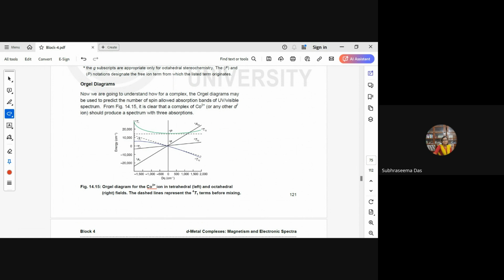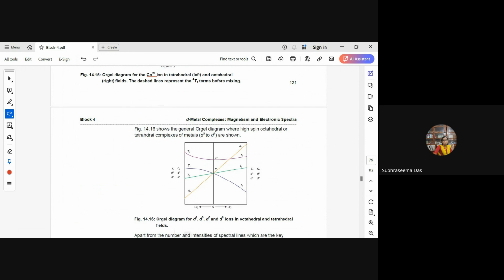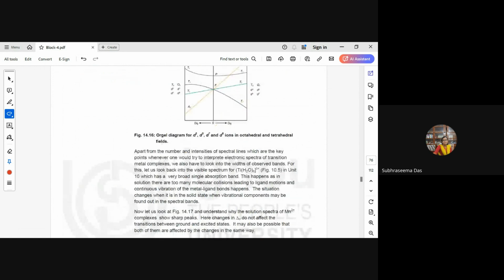A complex of Co2+ can show a spectrum with three types of absorption. Here in figure 14.6 is an Orgel diagram for high spin octahedral or tetrahedral complexes, particularly for d2 to d8.